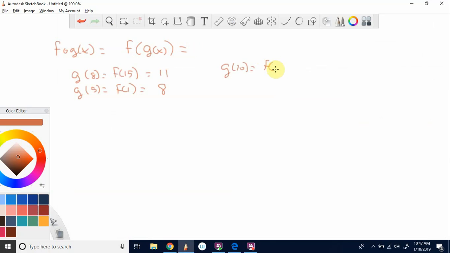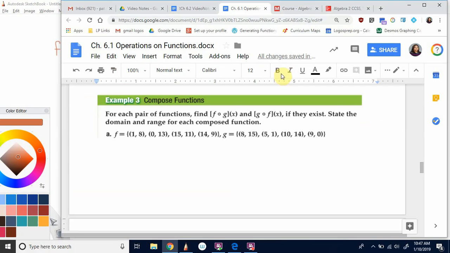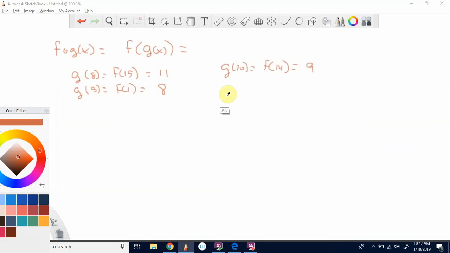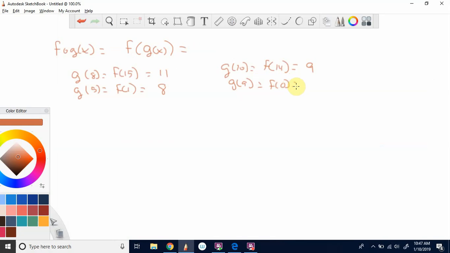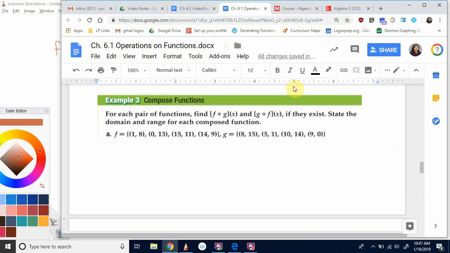Now we're going to find f of 14, because the range of g now becomes the domain of f. So what is y when x is 14 in f? It's 9. Then we have one more, g of 9 equals 0, and f of 0 equals 13.